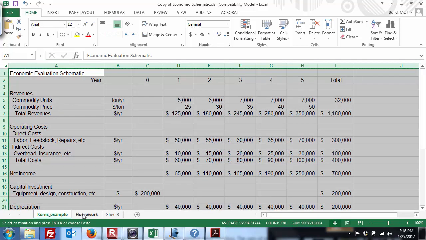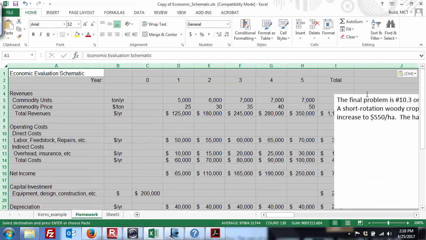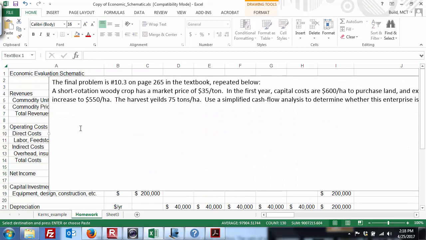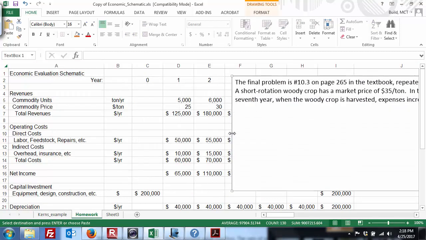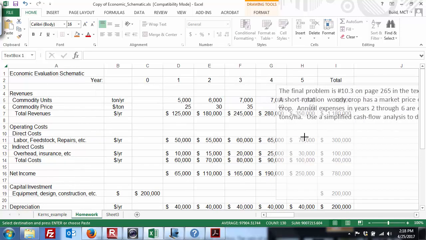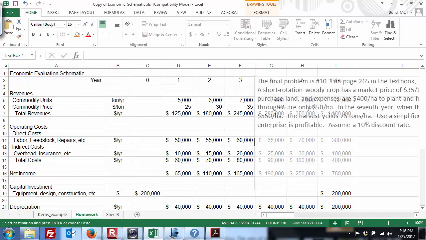Copy. Paste. Okay, so first of all, we know we're going to run this out to 7 years, right? I like that all strangely stretched out. It's kind of weird, isn't it?